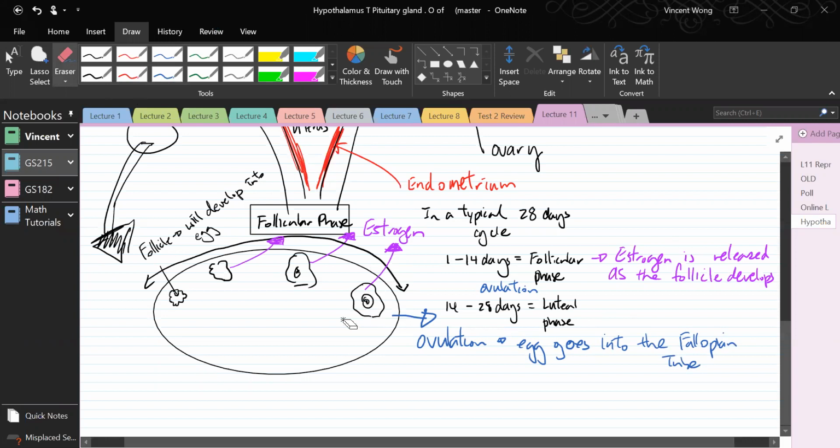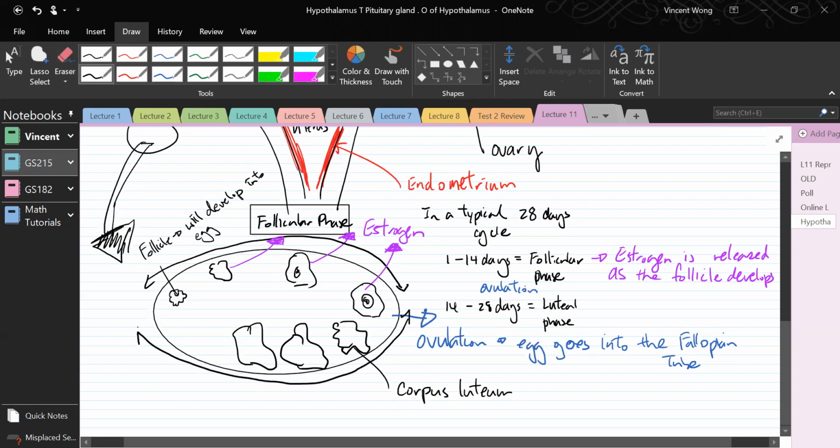And then there is going to be some leftover stuff. This leftover stuff is going to grow into what's called the corpus luteum, a yellowish package of tissue. That's what it means. And this second half is the luteal phase.